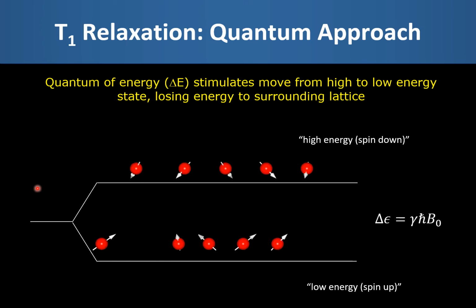From a quantum mechanical approach, we can again think that this quantum energy that comes from these inter or intramolecular tumbling effects can stimulate a move from the high energy to the low energy state, and the energy that is then given off in that process gets absorbed by the surrounding lattice, which is other protons in other macromolecules that are in the vicinity of the water molecules.